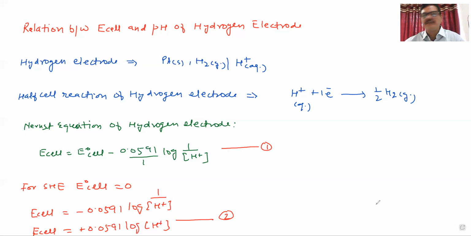Then we will see that equation 2, multiply equation 2 by negative sign on both sides.